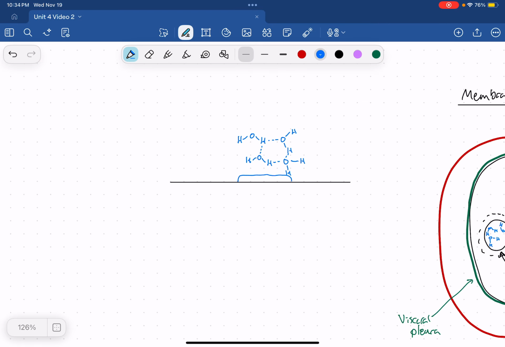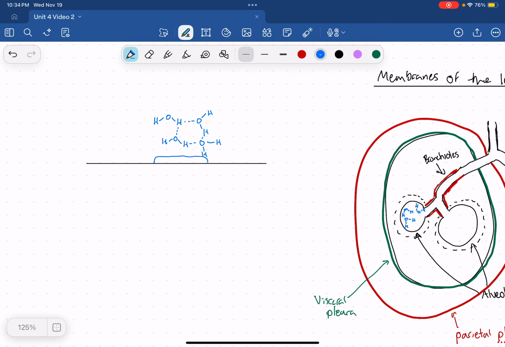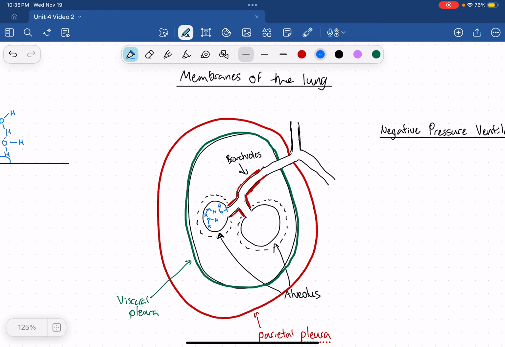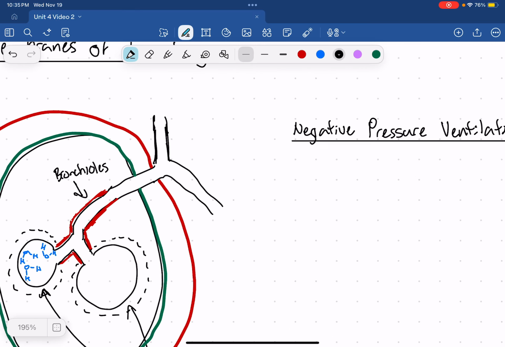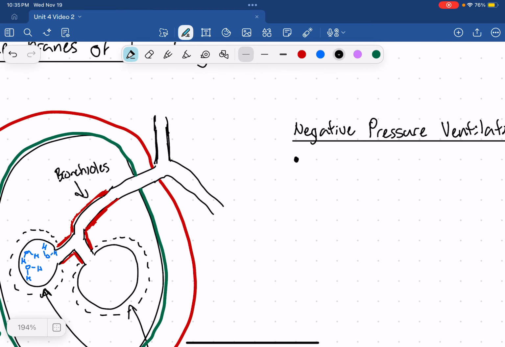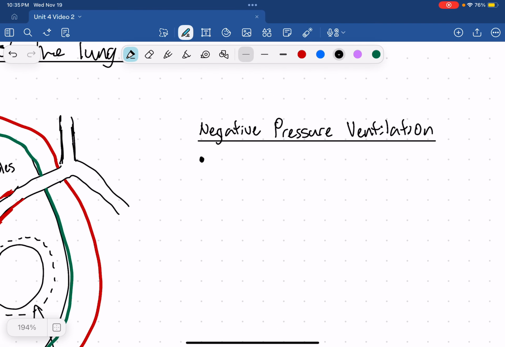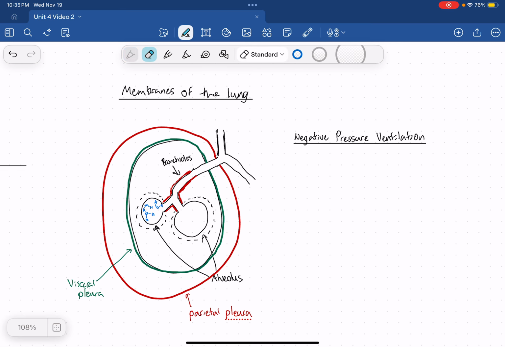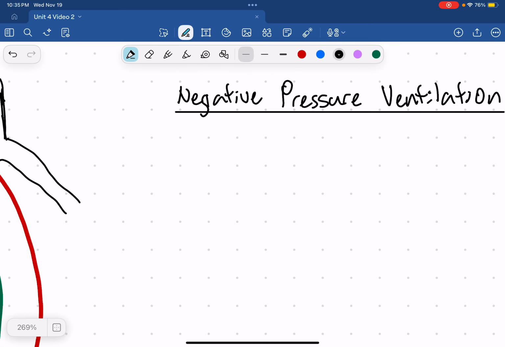And so water likes the hydrogen bond, and when it does that, we call that surface tension. So one thing we have to explain is our lungs naturally want to collapse.